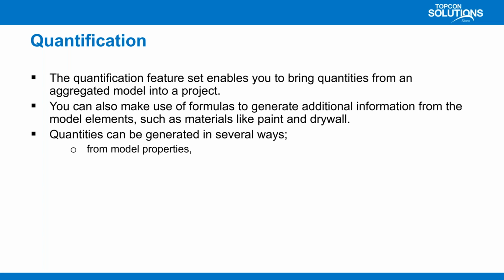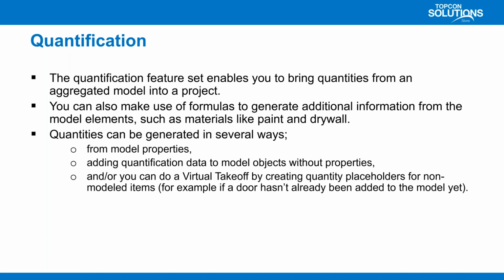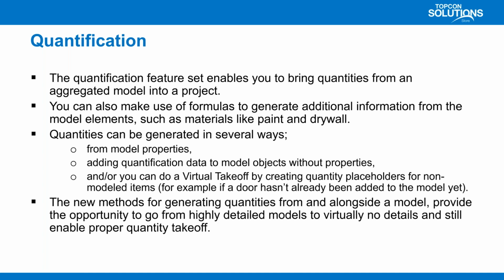They may be from your model properties, adding quantification data to model objects without properties, and you can do a virtual takeoff by creating quantity placeholders for non-model items. So if a door hasn't already been added to the model yet. The new methods for generating quantities from and alongside a model provide the opportunity to go from highly detailed models to virtually no details and still enable proper quantity takeoff.